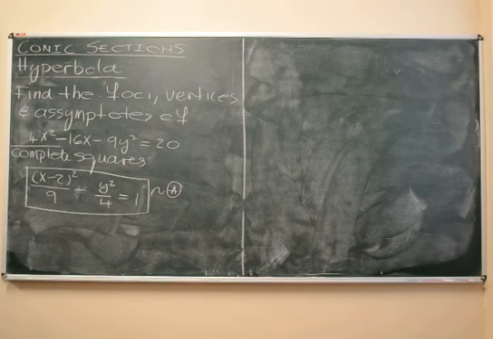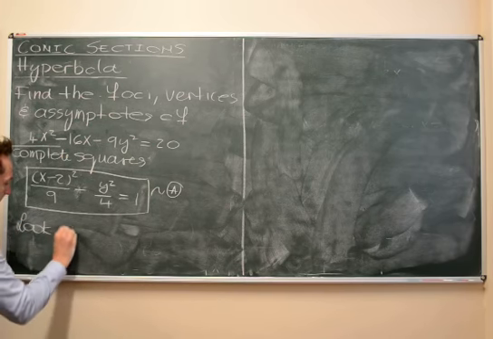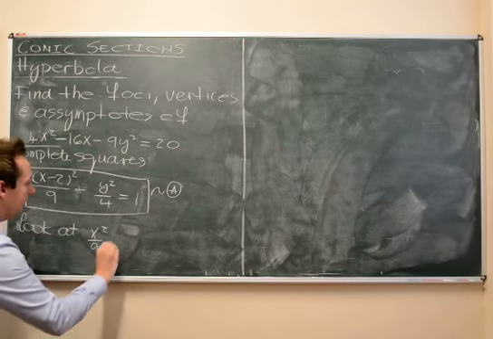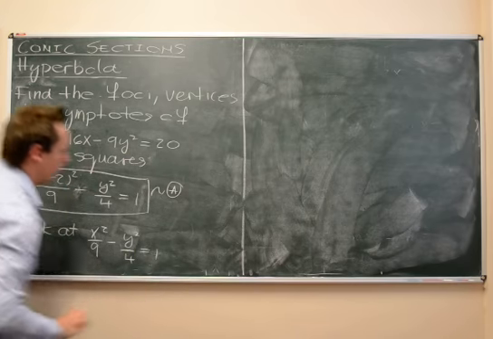Now we're going to look at a hyperbola which is very similar to this one: x squared over 9 minus y squared over 4 is equal to 1.